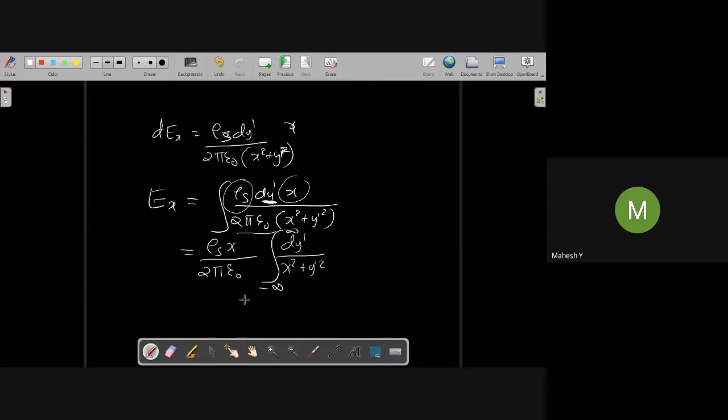So this integration is like the integral of dy by a square plus y square, where a is x. You might have studied in integration, the integral of dx by x square plus a square.